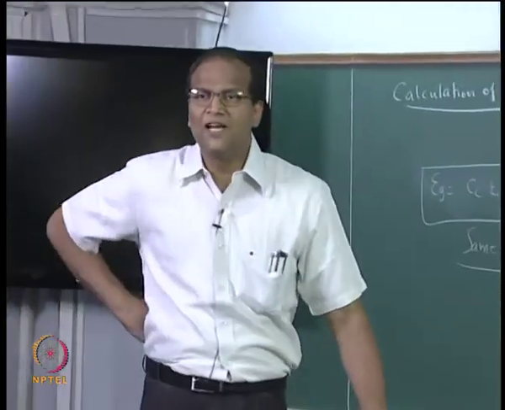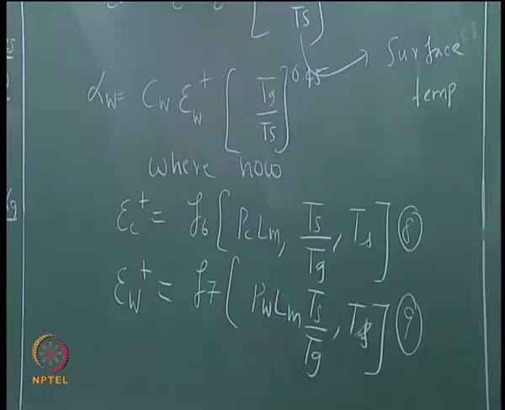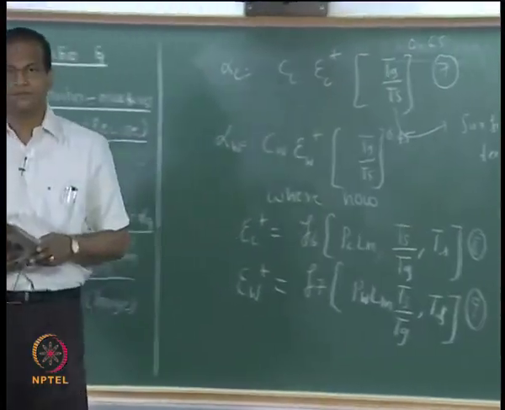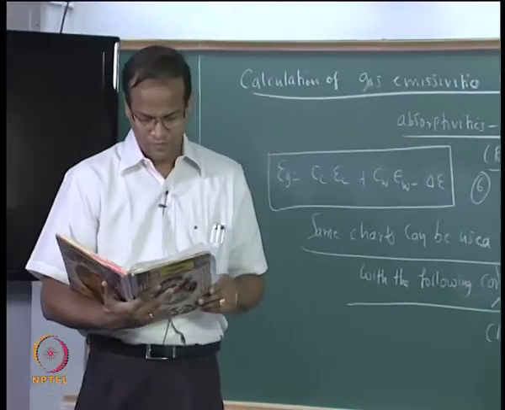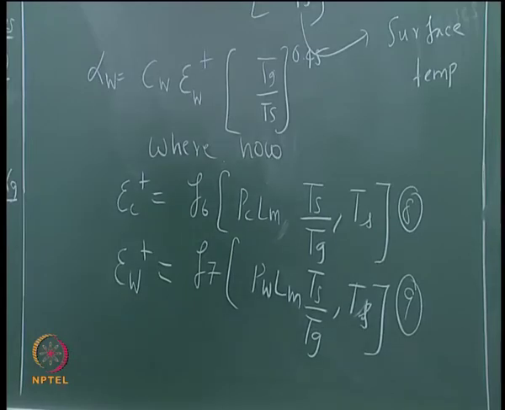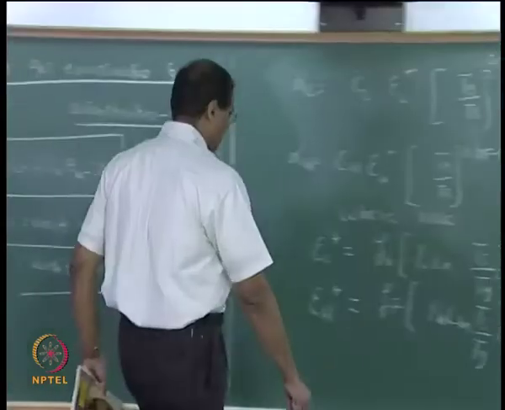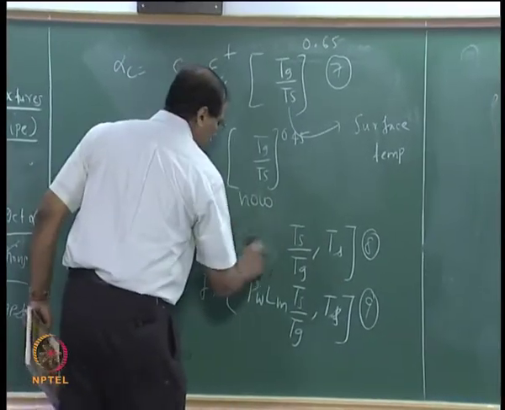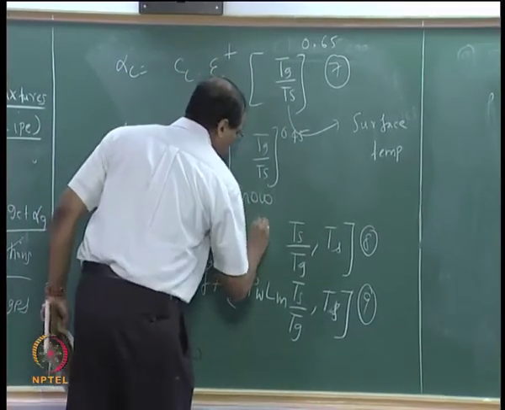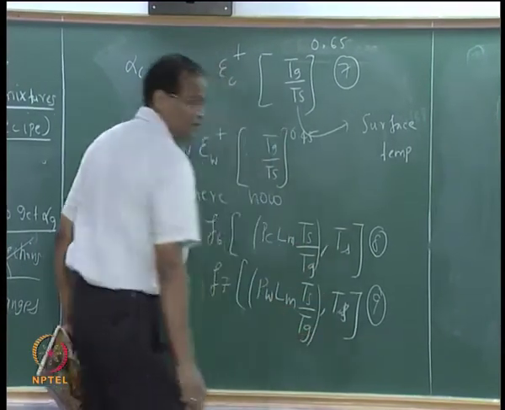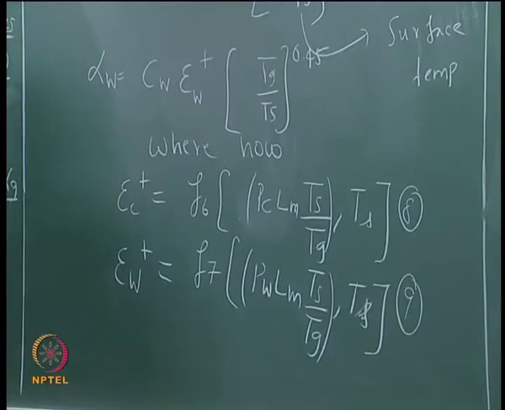Wherever the temperature comes, instead of Tg we will have some modified term. Which product? That product, PCLM times Ts by Tg. Ts by Tg is the normalizing factor.